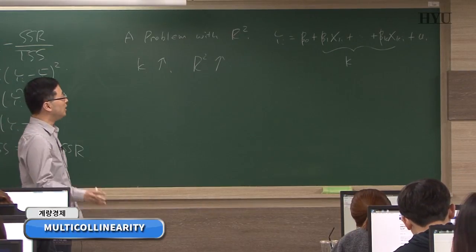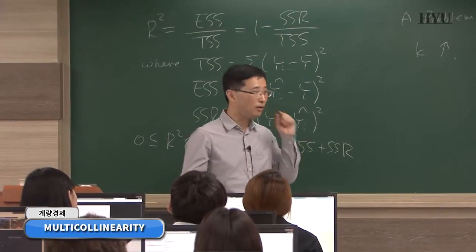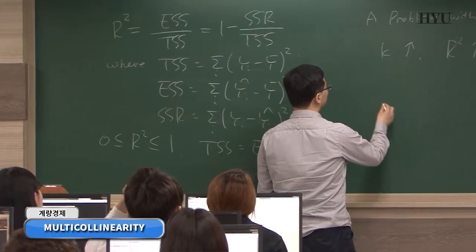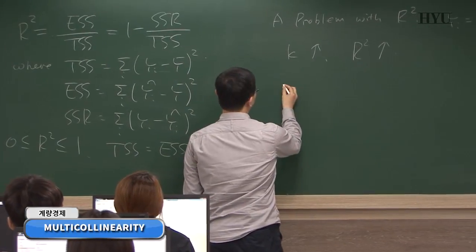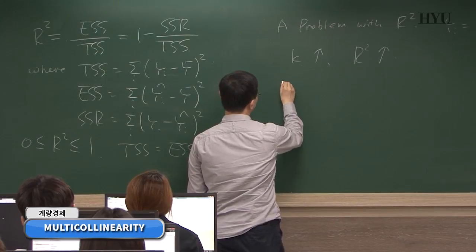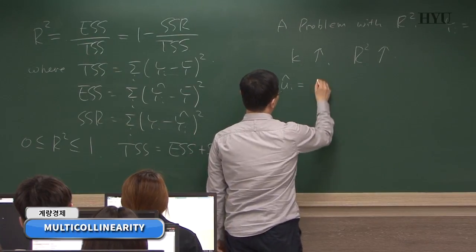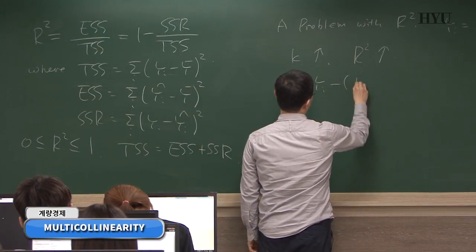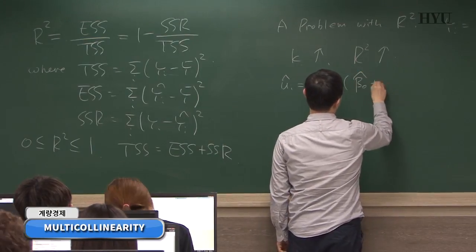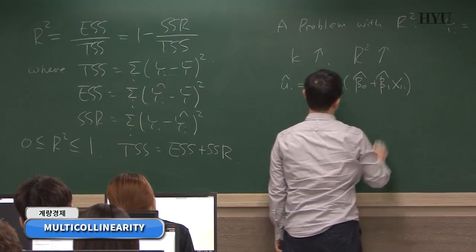So let's compare two cases. When k is small and when k is bigger. Okay? So let's think about this. If you have a model with k equal to 1, one independent variable, then the error can be written as this, right?